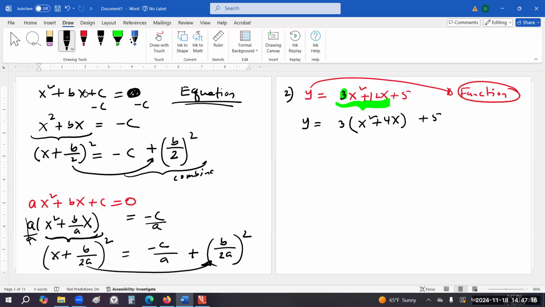We only need the x squared and x terms to complete the square. So we pull the 3 as a common factor from the first two terms. Now to complete the square, we keep our 3, but from here we write x plus half of b. So this is our b, we take half of that.